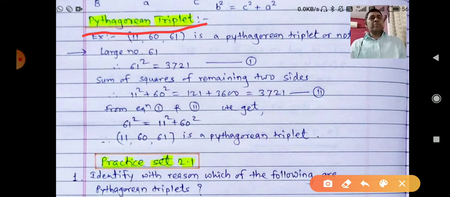So triplets mean the square of the hypotenuse is equal to the sum of the squares of the remaining two sides.